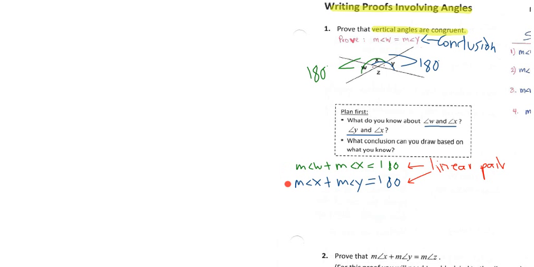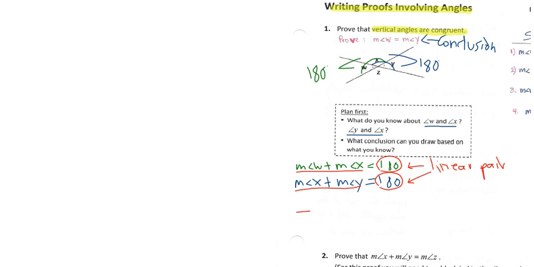We have the property of substitution, or the transitive property. In this case, we're going to use the transitive property because we have two quantities that look different, but both of them are equal to the same quantity, 180. Therefore, they have to be equal to each other.